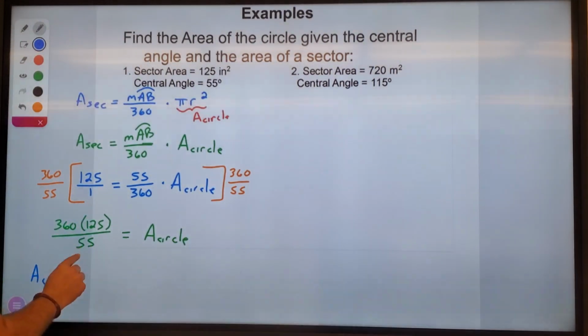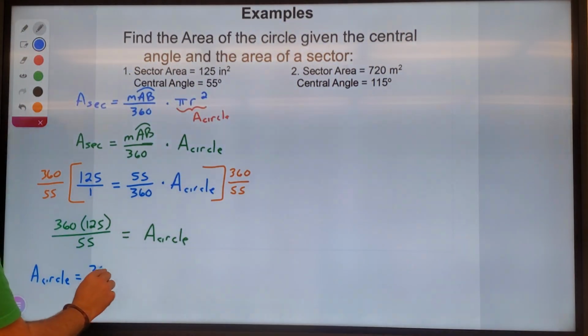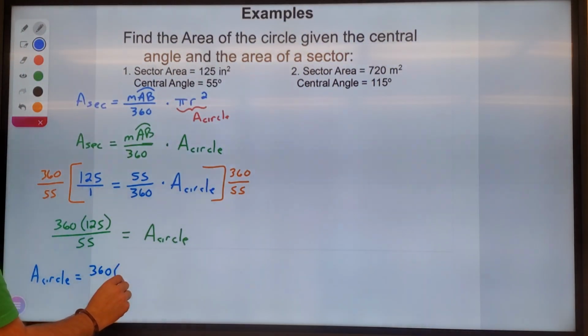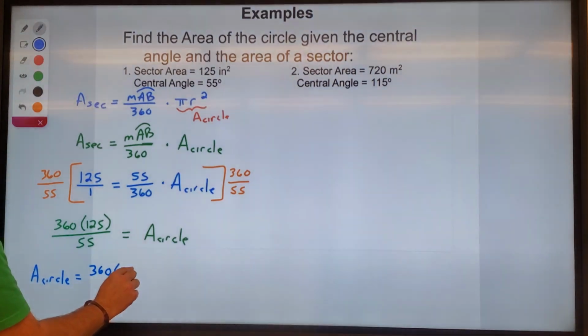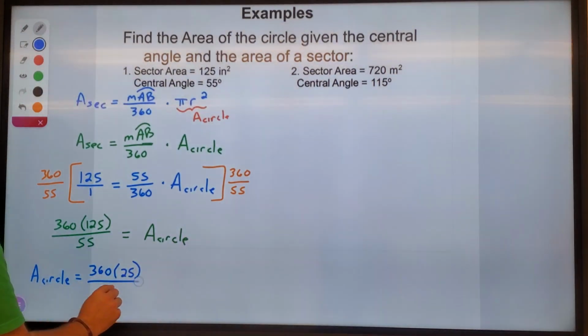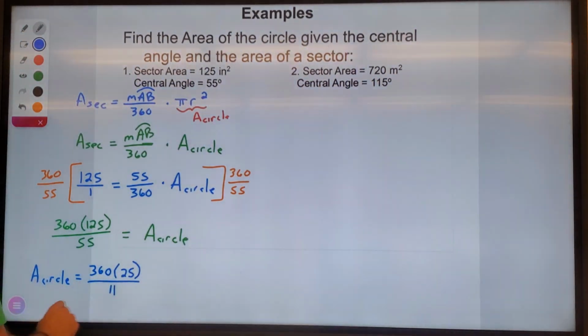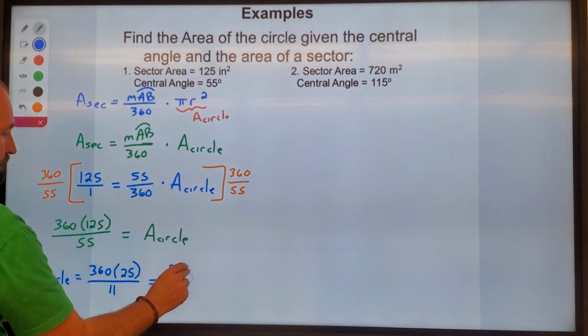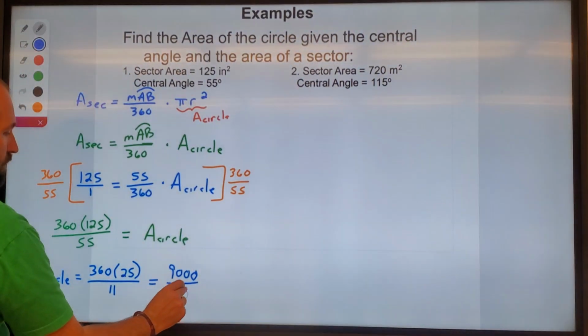And if again I divide this by 5, that's going to leave me 360 times 25 over 11. And if I take 360 times 25, I get 9,000 over 11.